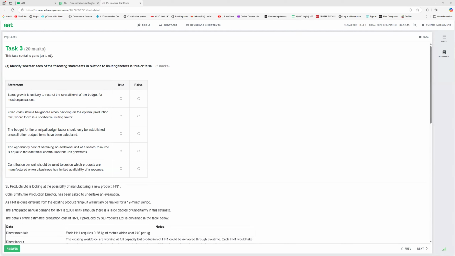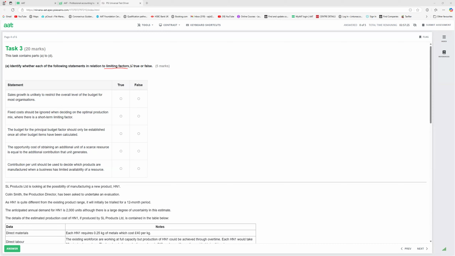For example, if we look at the first one, the question is saying: identify whether each of the following statements in relation to limiting factor is true or false. Now, the limiting factor is quite complicated and tricky.